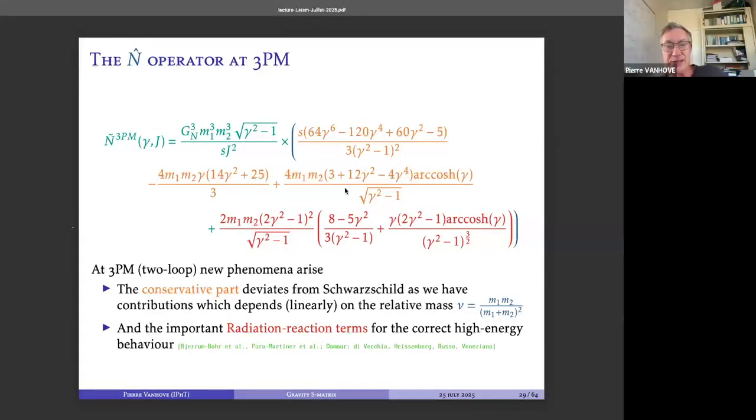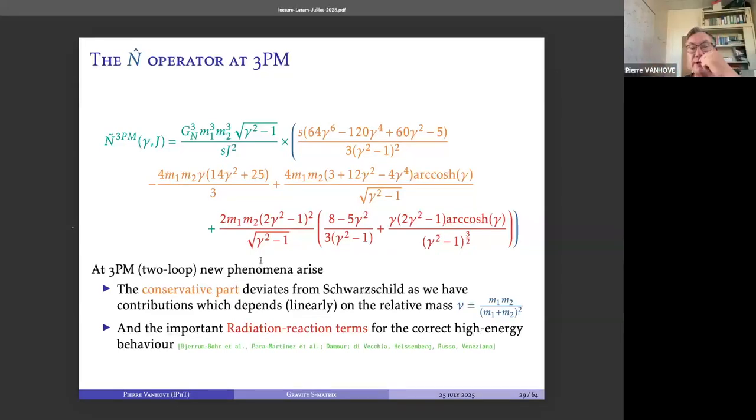But when you look at this result, it is no longer that of a test particle in a big black hole. From two loops, which is 3PM, your two objects that interact start to feel that the space-time is modified by the presence of the other one.